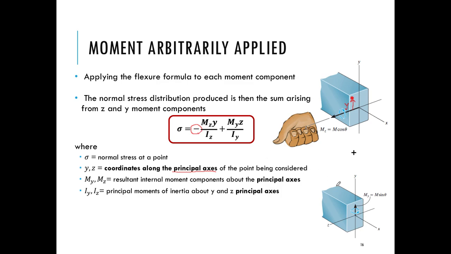Whereas if I perform the same procedure for my My component, to consider कि ये जो मेरा point मैंने लिया था this time around, क्योंकि अगर मैं y axis से stresses देख रही हूँ, then I'm looking at the z coordinate. Then this time around if I use my right hand grip rule, and pointing my thumb in the plus y direction, curling my fingers of my right hand, I can see कि वो इस z point से बाहर आ रही हैं fingers.